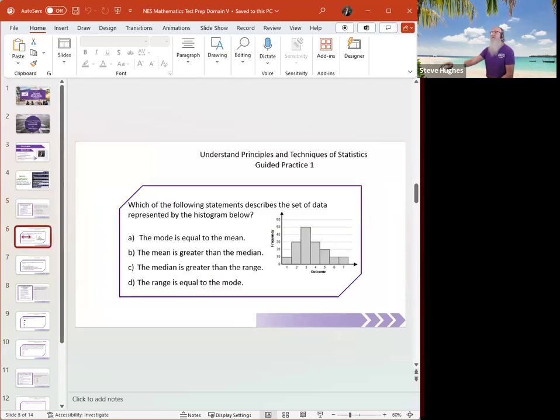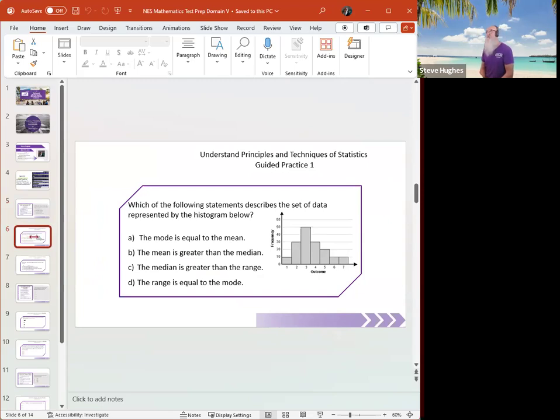All right, next question says, which of the following statements describes the set of data represented by the histogram below? We're trying to compare the mode and the mean, everybody. Now remember, in a normal distribution, the mean and the median and the mode are all the same.